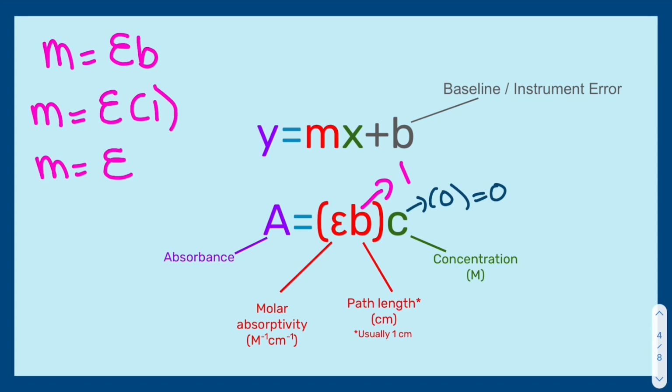But in reality, experimental measurements are never perfect. The trendline may have a non-zero y-intercept, and you can see this in the trendline equation that we made in our example. This intercept does not mean that Beer's law is wrong. It just represents instrumental or experimental error. You probably will have this in your experiment, and that is A-okay.